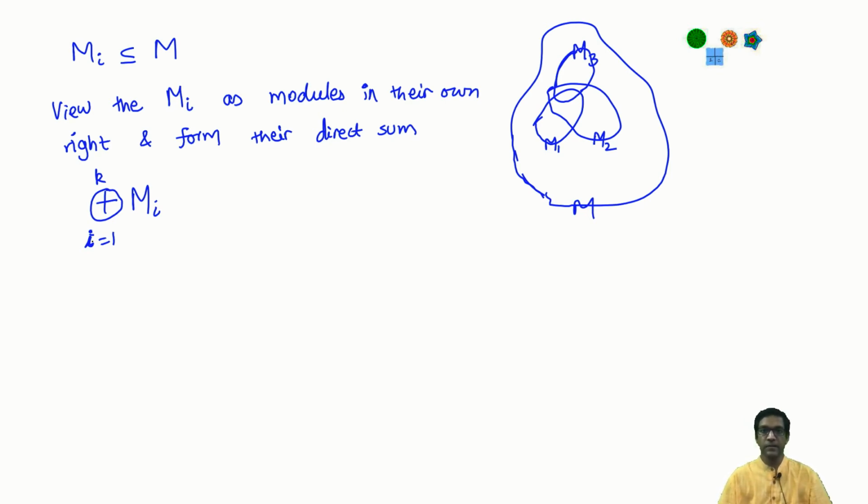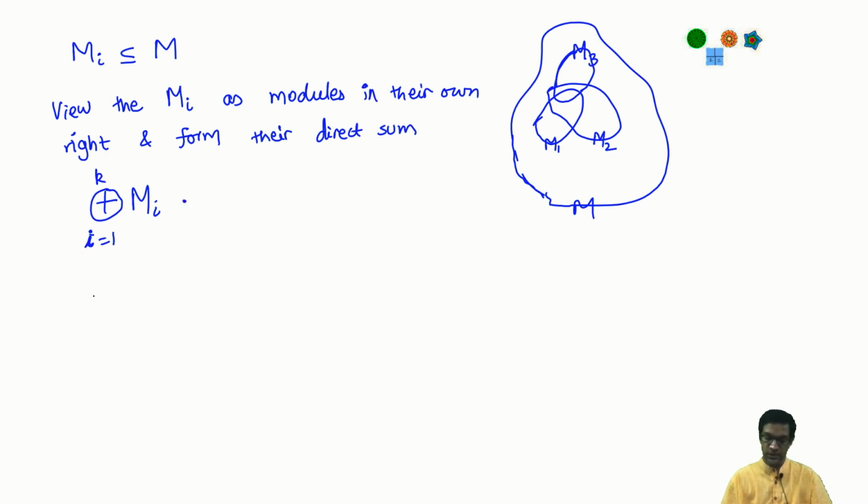They are in fact tuples of elements, right? Remember, as a set, it's the cross product M1 cross M2 cross M3 dot dot dot till Mk. So this is some new set. It's a module in its own right, again the direct sum.